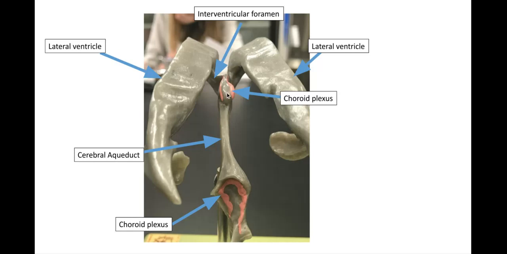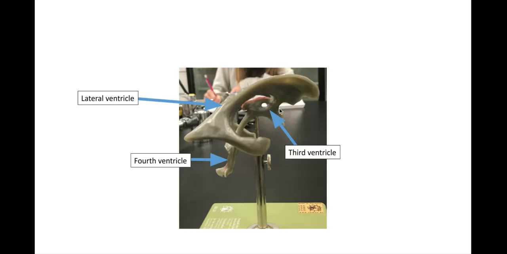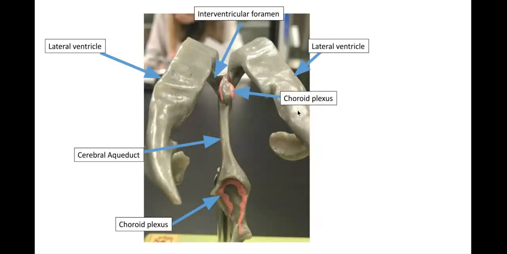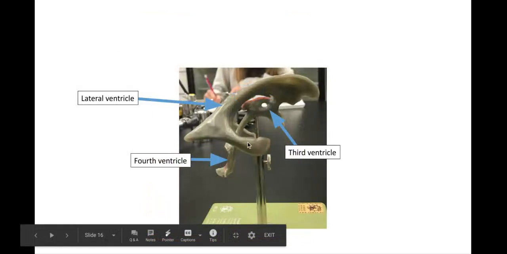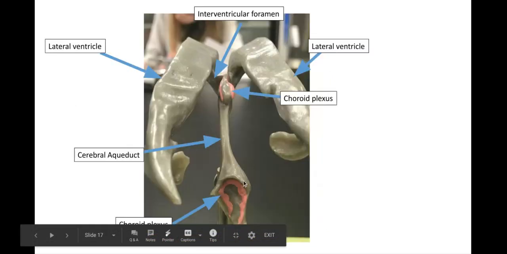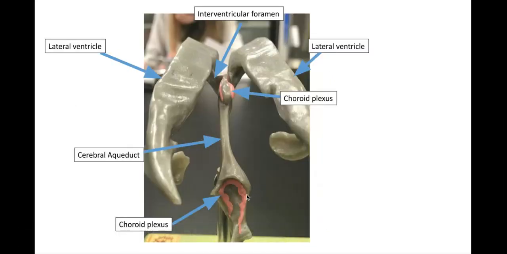You can also see this little bulgy part is called the choroid plexus. And again, down at the bottom, there's this bulgy part, also called a choroid plexus. And that, again, is just where we are moving the cerebrospinal fluid, bringing nutrients and getting rid of waste from our brain and our spinal column.